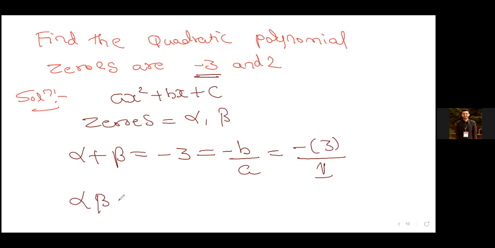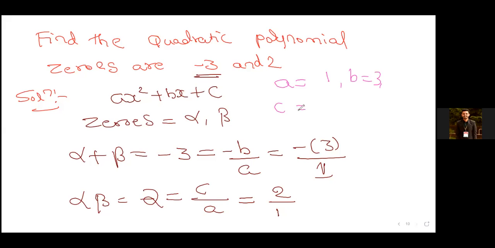Also, alpha into beta is given as 2. We know that it is the constant term upon the coefficient of x square, that is c by a, which is again 2 by 1. So we have got a, b and c: a is equal to 1, b is equal to 3, and c is equal to 2. Can anyone tell me what is the polynomial now?